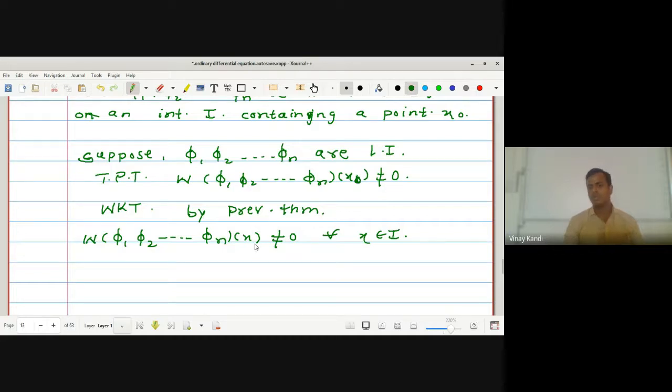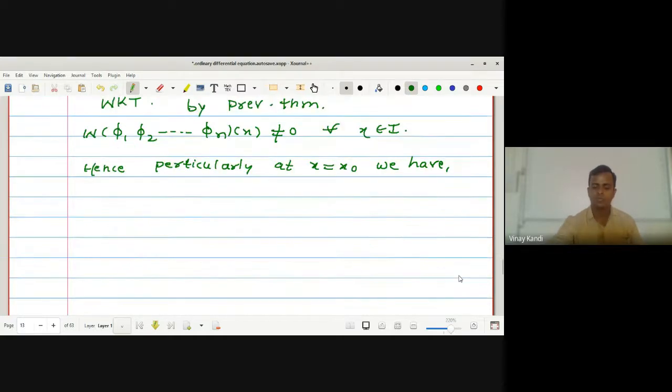Hence, particularly at x equal to x naught, we have the Wronskian of phi 1, phi 2 up to phi n at point x naught must be not equal to 0. Any doubt?